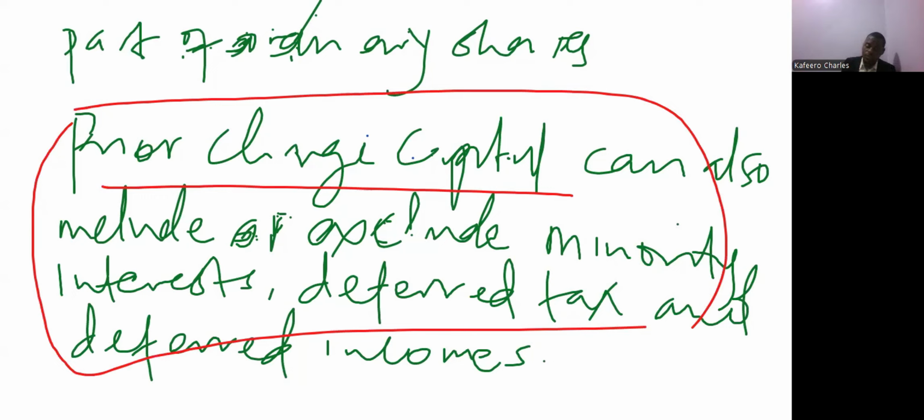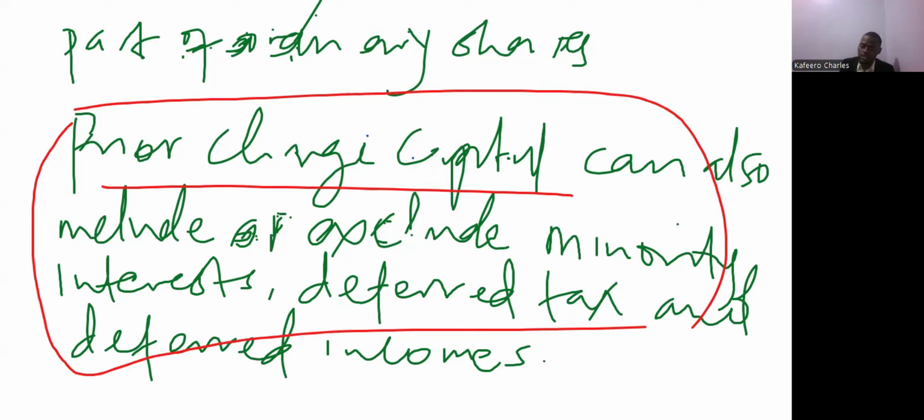So those things will be in the financial statement, and that's why I'm highlighting them. If you see them, it's upon the examiner telling you that this is something you can include. But if you are not told, then you should exclude them from what we call the prior charge capital.